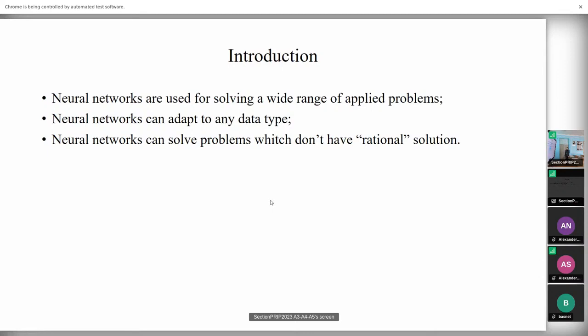And they can solve problems which do not have a rational solution. It means that we do not have a solution which works fast enough, or we can only receive a solution with a quality which is not acceptable for our applied problem. That's why we use neural networks in real life for solving applied problems.